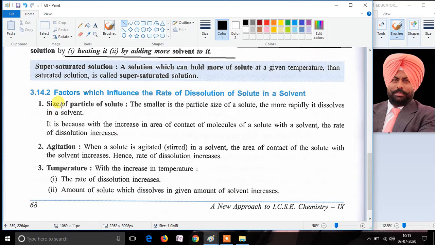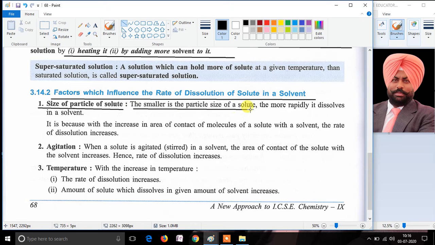Now let's proceed further to discuss the factors which influence the rate of dissolution of solute in the solvent. The first factor is the size of the particle of the solute. The smaller the size of the particle, the more rapidly it can dissolve. Means, if smaller the size of solute is there, then it can dissolve in the solvent faster.